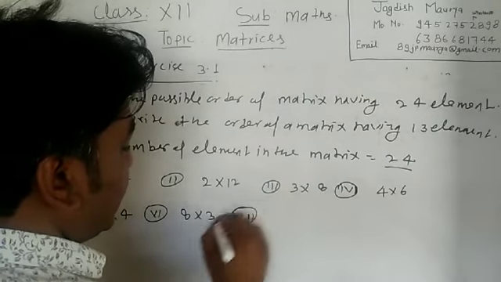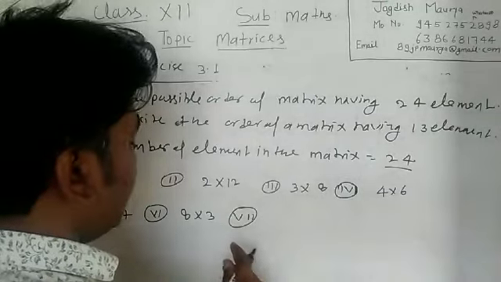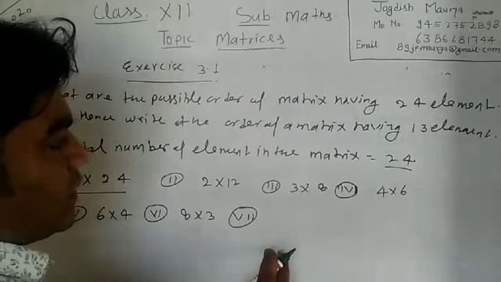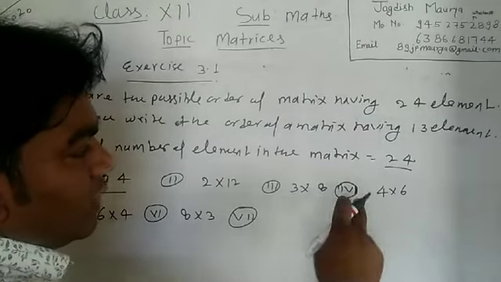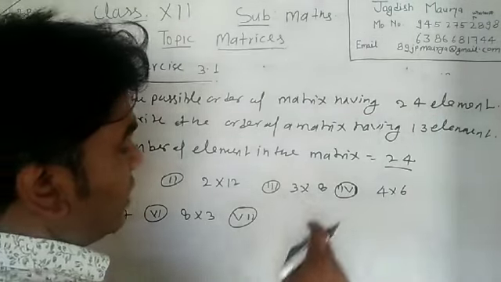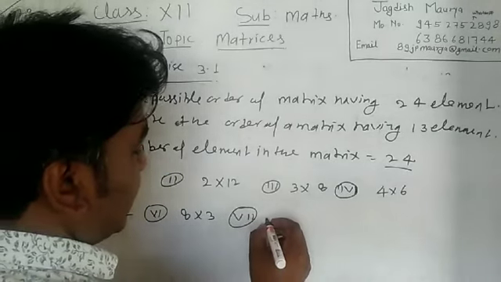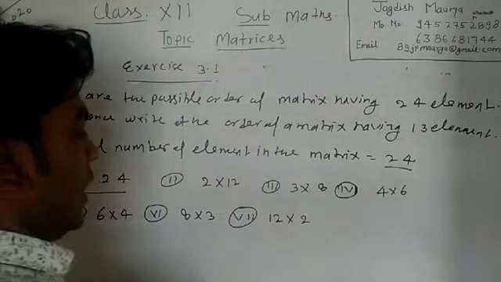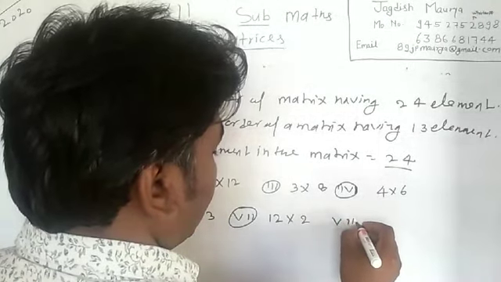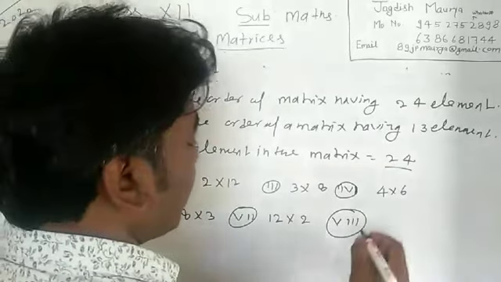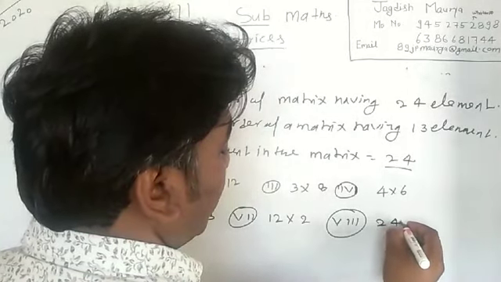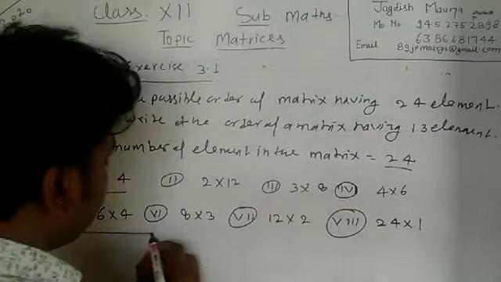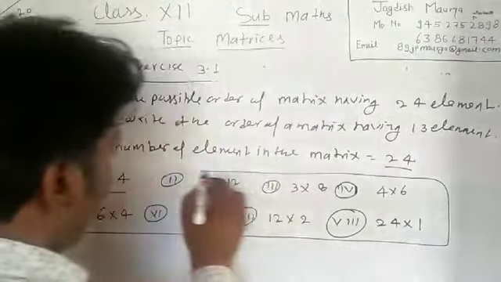Seventh: since 9, 10 and 11 do not divide 24, here 12 divides 24. The seventh possible order is 12 into 2. And last, the eighth possible order is 24 by 1. So these are the possible orders of a matrix having 24 elements.